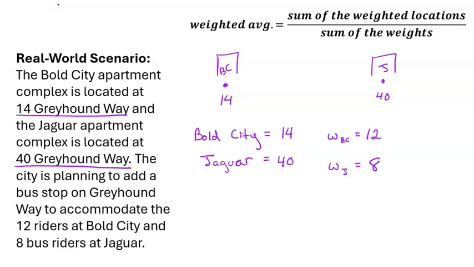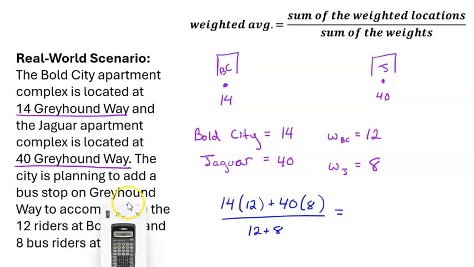And then we would just do the same thing that we've been doing, right? We're going to add those weighted locations. So I'm going to do 14 times 12 plus 40 times 8, and then I'm dividing by 12 plus 8.